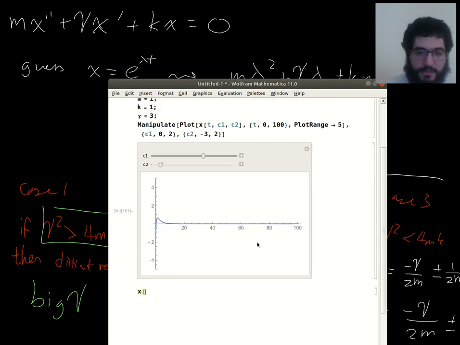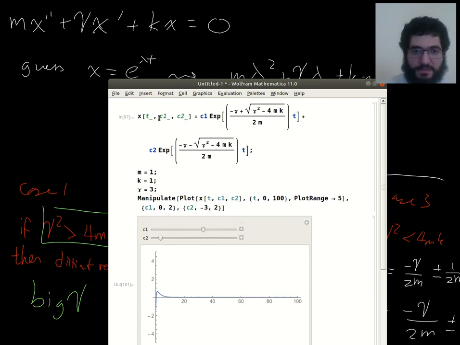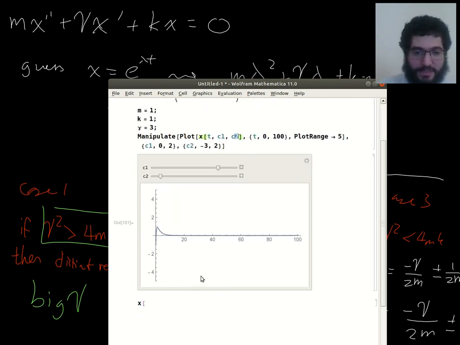As you can see, somewhere in the cutting of the video, I had to put in C1 and C2 as though they're arguments here, because probably there's a more elegant way to do this, but as far as my Mathematica knowledge goes, this is a way to ensure that C1 and C2 can be manipulated inside these bars here.